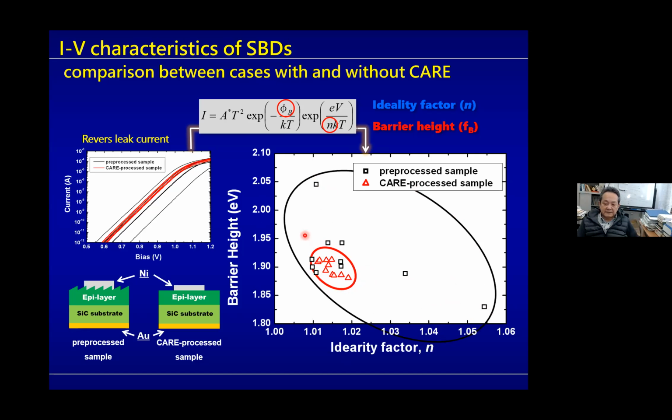So this CARE method highly contributed to the R&D of silicon carbide device fabrication in the initial stage of the device development. This is a very important role of us. We can prepare a very good surface, and this kind of surface is so important for the R&D of the device fabrication.